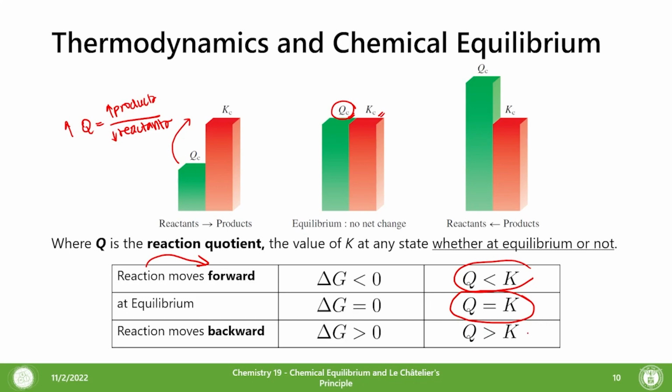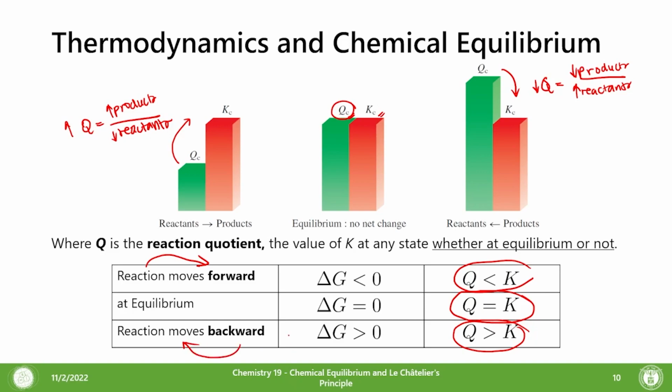So when it moves backwards, Q is greater than K, therefore Q, being the quotient of the concentration of products over reactants at a given time, we want it to decrease, go down. Therefore we can make reactants go up and products go down, and therefore we have to move backwards.